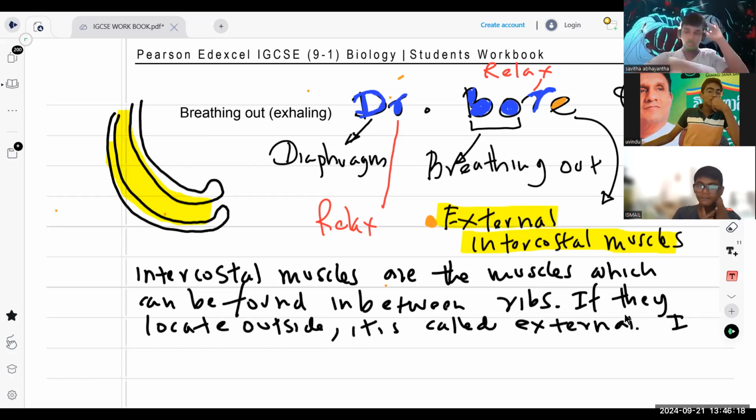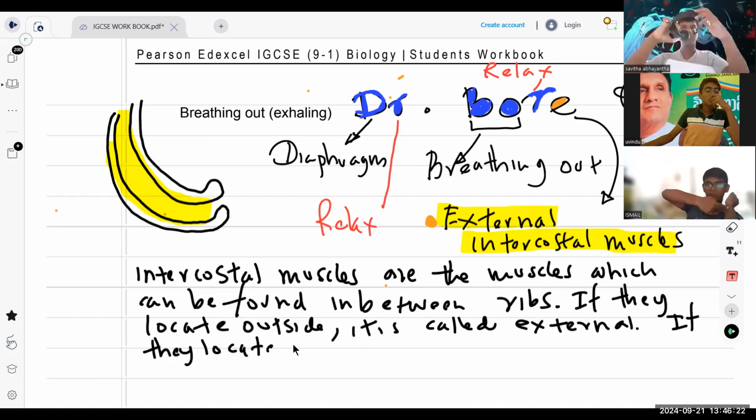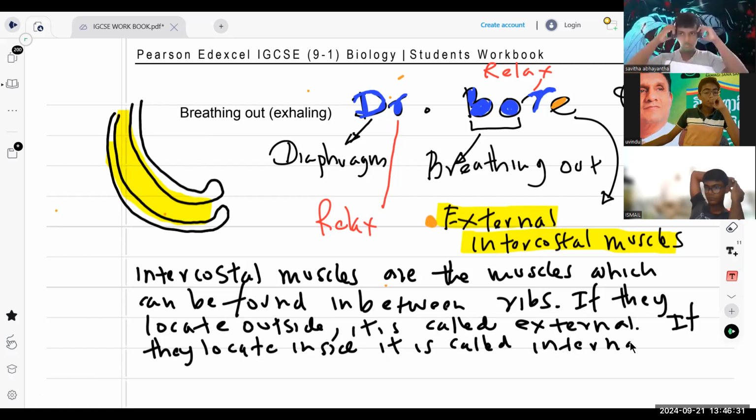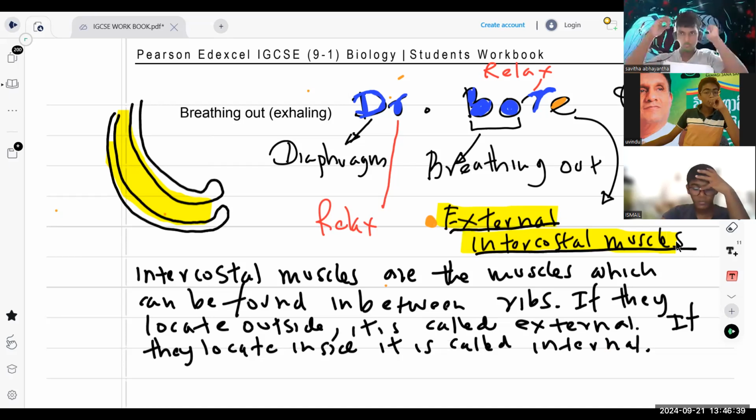If they are located inside, it is called internal. So then there are two types: external intercostal and internal intercostal.